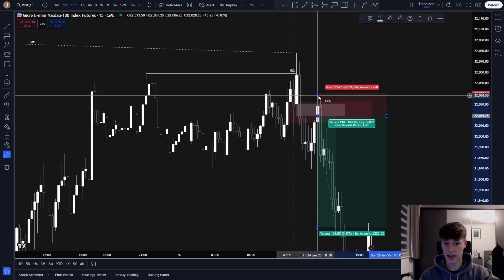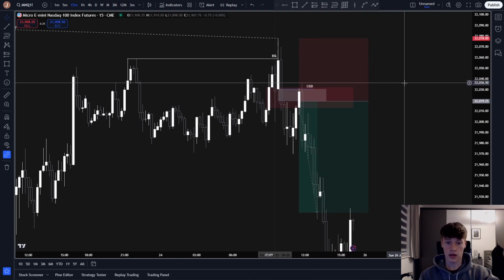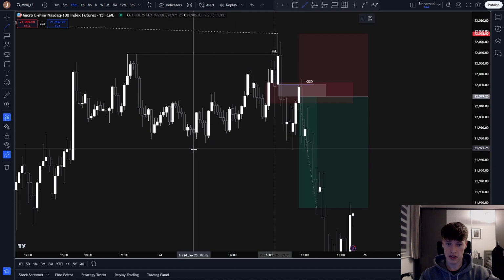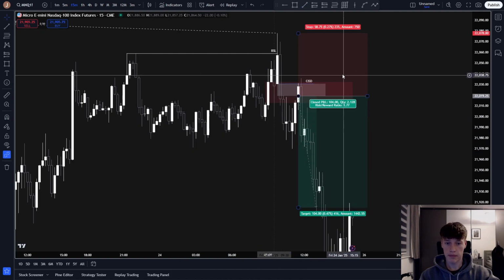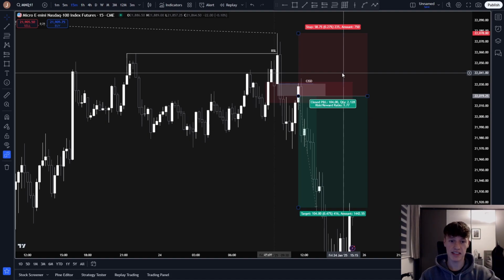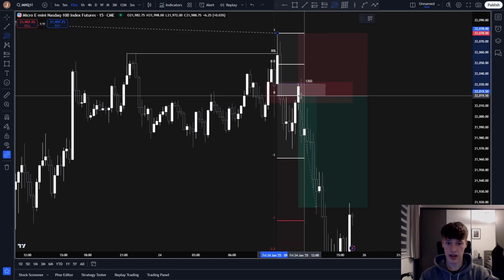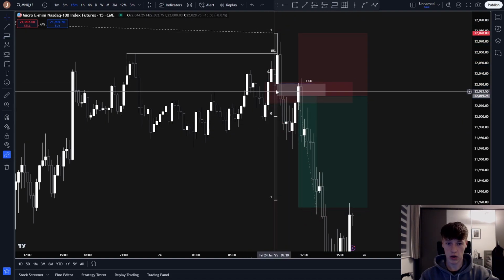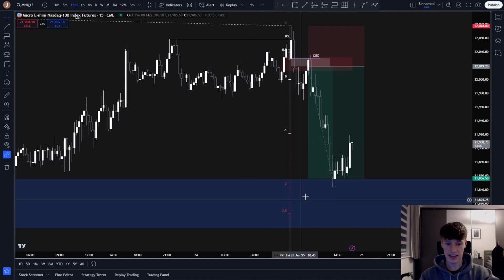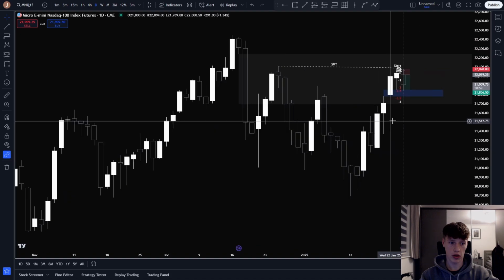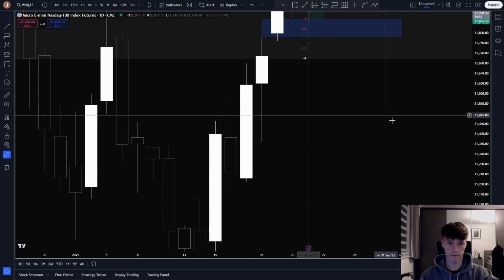So say entering right there, stop again at the high. Where do you target? Well, you've got this internal level that has been taken, so you target right there, internal sell side. But again, this is amazing. Use the standard deviation from the high to the low of the manipulation leg. And this daily imbalance, which we determined the draw was, that opened up.